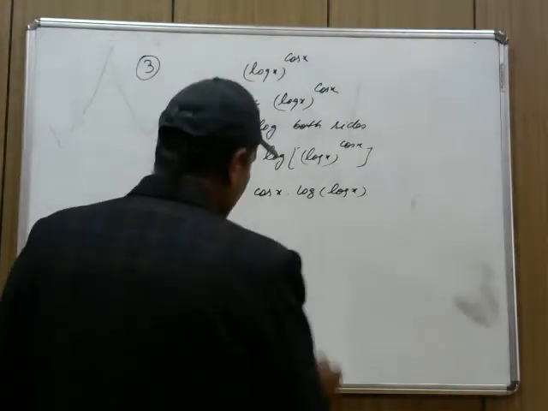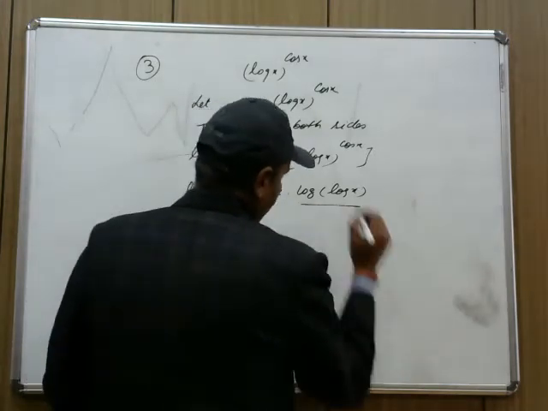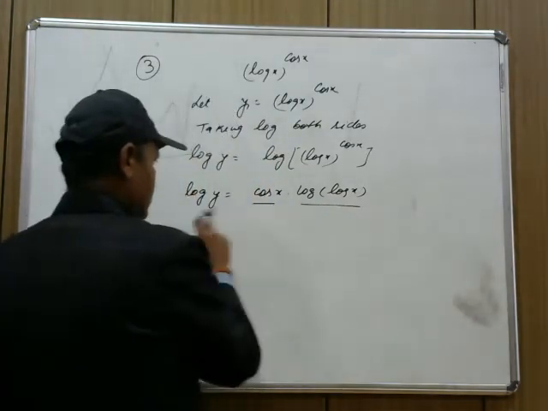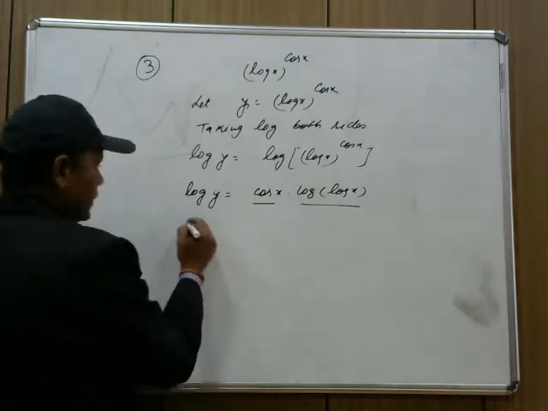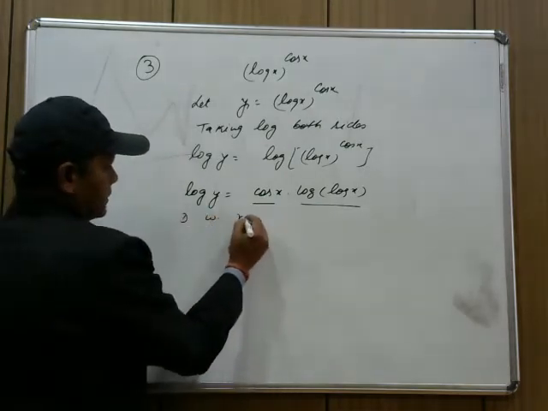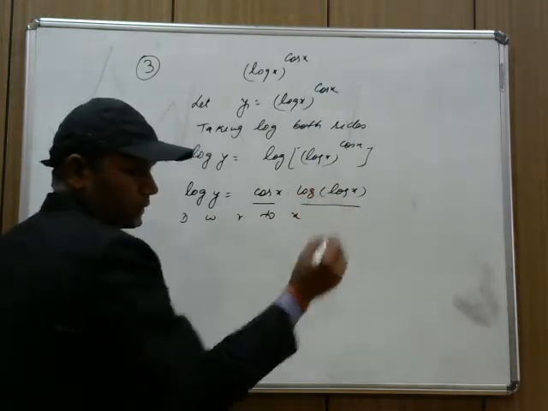Now here there are two parts: first function, second function, and it is a product. Now we'll differentiate with respect to x both sides.